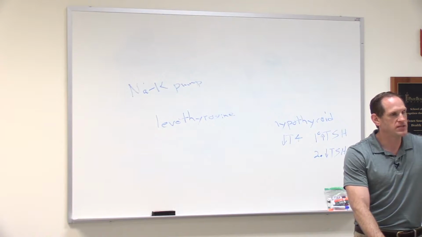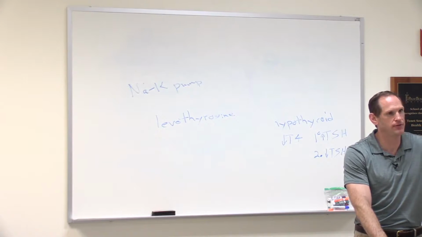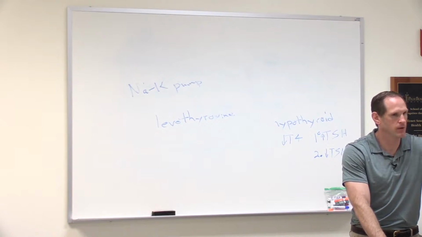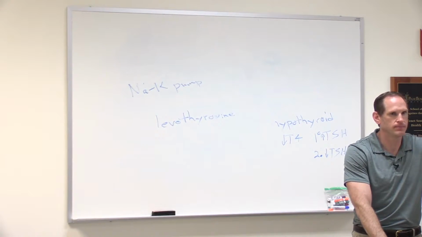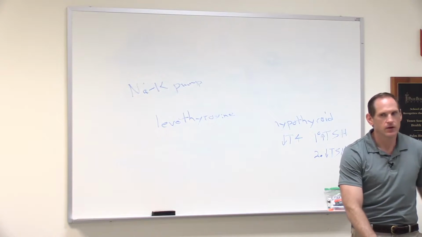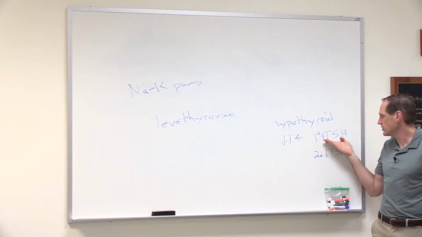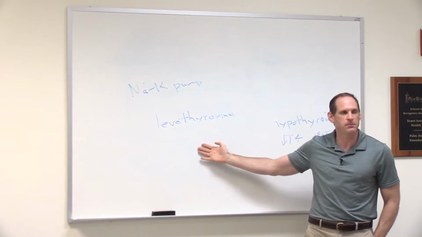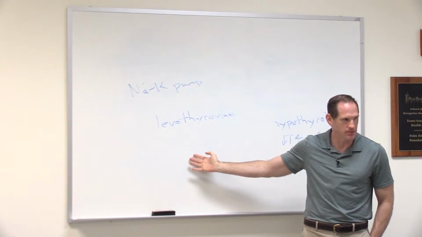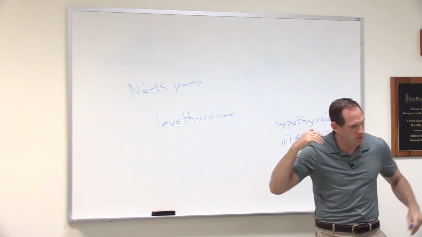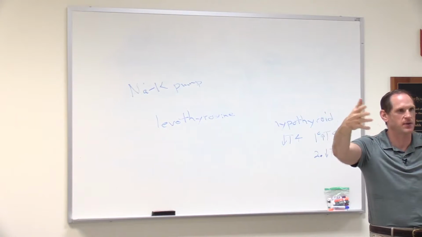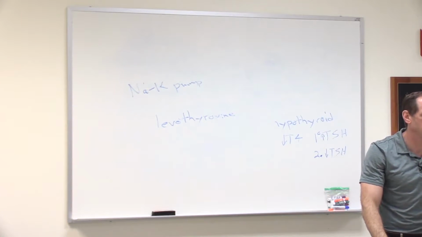Most of the time, T4 supplementation by itself is going to solve the problem. And what do we mean by solve the problem? It'll raise T4 levels, it'll lower TSH levels, and resolve the patient's signs and symptoms. Now, what is one of those principles of health assessment we talked about so long ago at the beginning of Pathopharm 1?